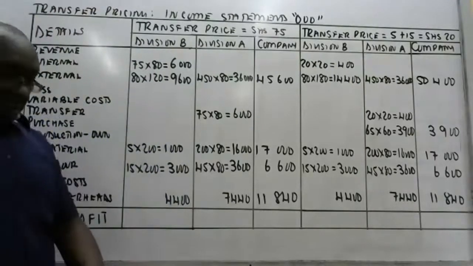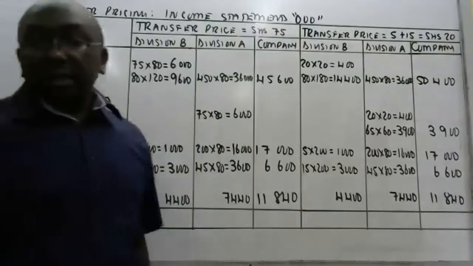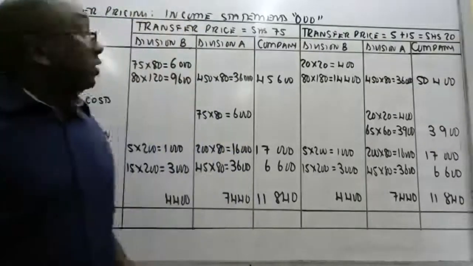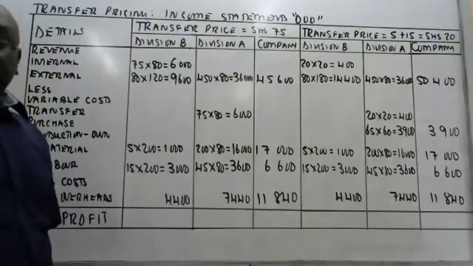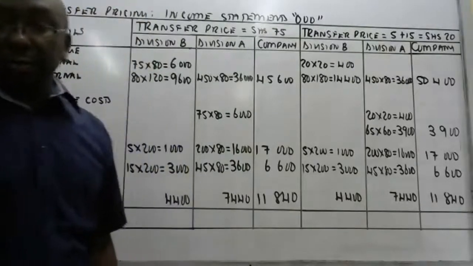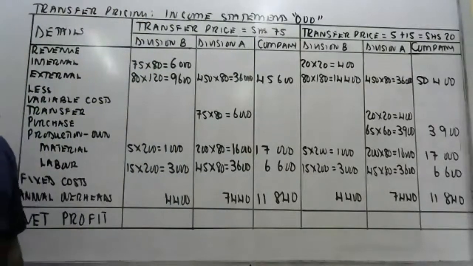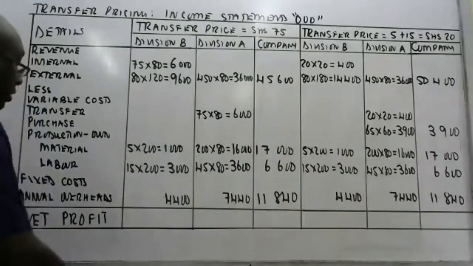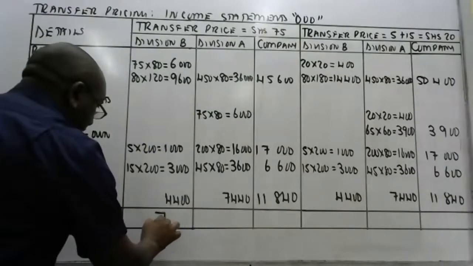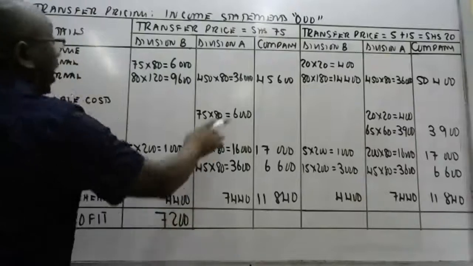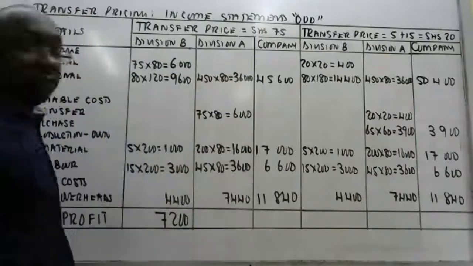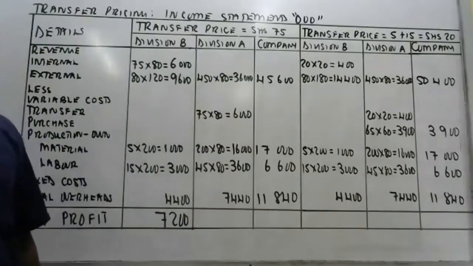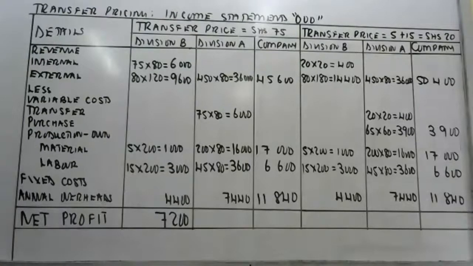One person has responded. For division B hii ya kwanza, ndio ninangoja sasa nione. There are two people. I need several. Yeah, good. 7,200. Let's go to division A now. Let me get the figure for division A.